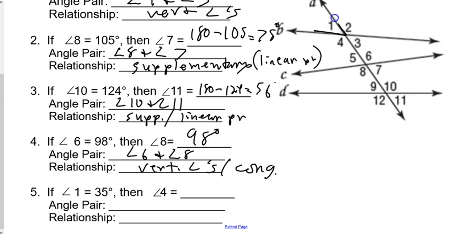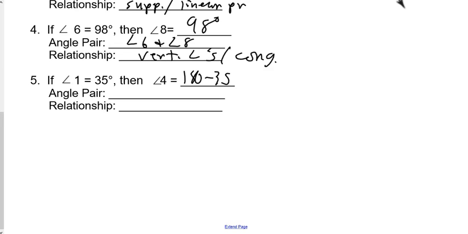Angle 1 is up here. What about angle 4? Well, angle 4 helps angle 1 form a line, so they're a linear pair. So this is going to be 180 minus 35. So that's going to be 145 degrees. So angle 1 and angle 4 are supplementary. They are a linear pair.